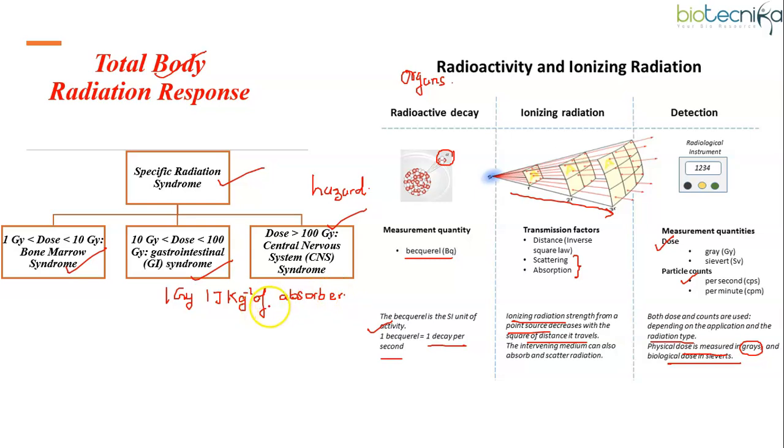So gray is a useful unit, but it still does not adequately describe the hazard to a living organism. So the unit of absorbed dose which takes into account this weighting factor is the sievert, and is known as the equivalent dose.